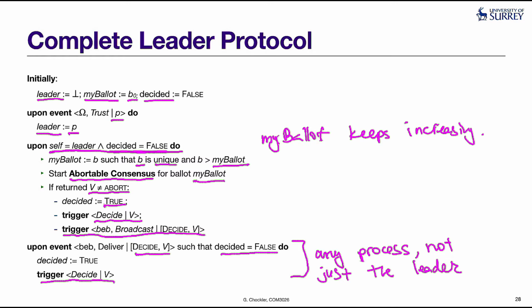Okay, so it triggers the local decide event, and of course it also sets the decided flag to true to prevent any repeated decisions. Okay, so this is the last piece of the puzzle, and that actually completes our presentation of the Paxos algorithm. So next, let's see briefly why it is actually correct.